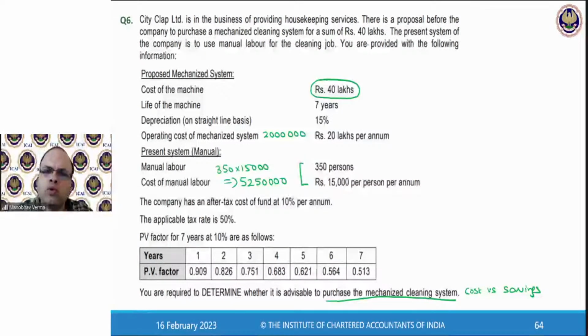We can do that also. Let's do that. So if you're looking at 20 lakhs, my tax shield on depreciation is how much, guys? Anyone?